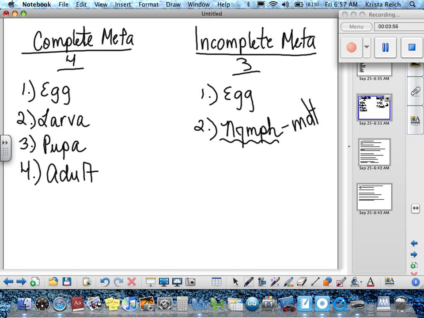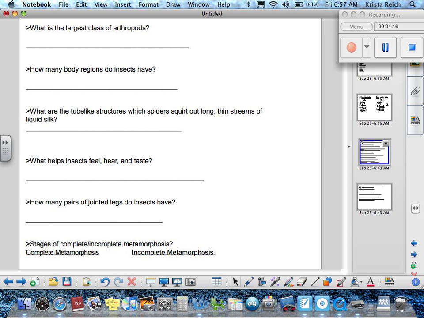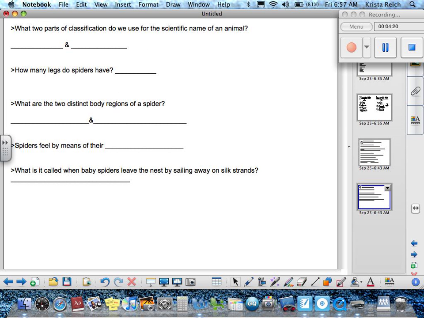They molt their exoskeleton or their external skeleton. And then finally, once they build back up that exoskeleton, they become the full adult. So those are the stages of complete and incomplete metamorphosis. Okay, I think we went over that.